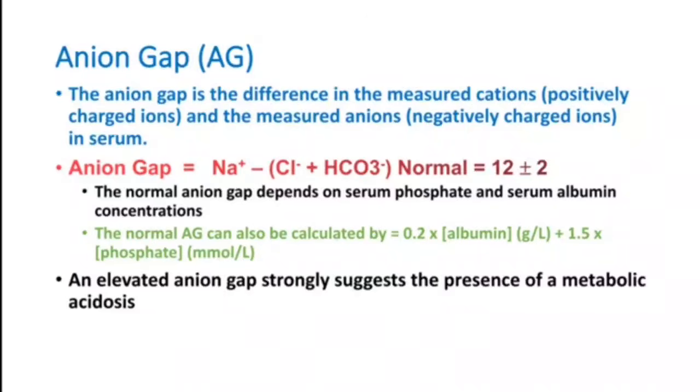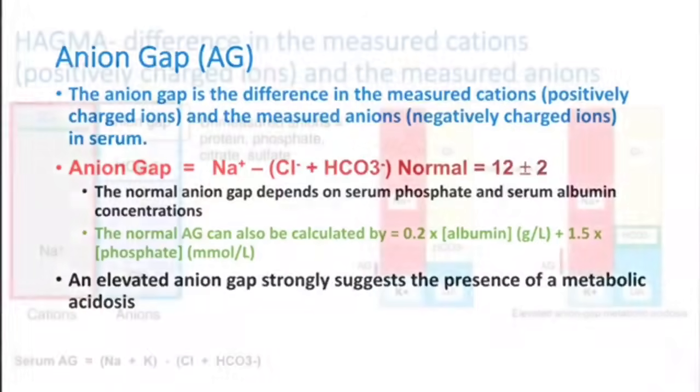So if you think that albumin is low or phosphate is low, you can use this formula also. But a routine emergency physician always uses sodium minus chloride plus bicarbonate. But in critical care, when the patient has low albumin or low phosphate, we can use the other formula also. Whatever it is, an elevated anion gap of more than 14 strongly suggests the presence of a metabolic acidosis.